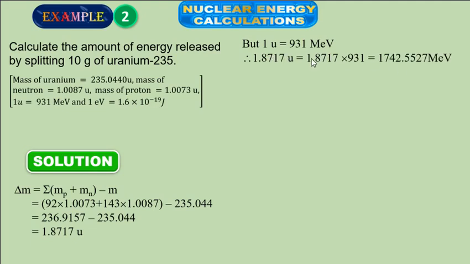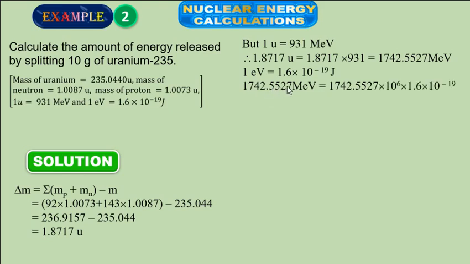That will give me this times 931, and that will give us 1742.5527 mega electron volt. Now we use the equivalent we already know: 1 electron volt is equal to 1.6 times 10 raised to power minus 19 joule. So now use that to convert this to joule. Therefore, 1742.5542 mega electron volt in terms of joule will give us this multiplied by 10 raised to power 6.